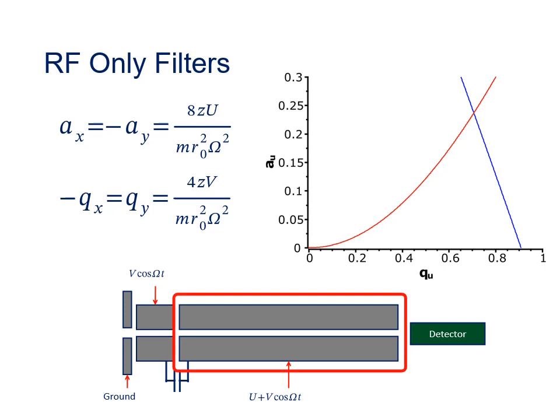The main part of the quadrupole still sees the full RF and DC voltages that we'll need to run it as a quadrupole mass filter, but the front section only sees the radio frequency component of the voltages. And the way this is achieved is to connect the two different parts of the quadrupole together via capacitors. These capacitors let the alternating part of the signal through, but block the DC component.